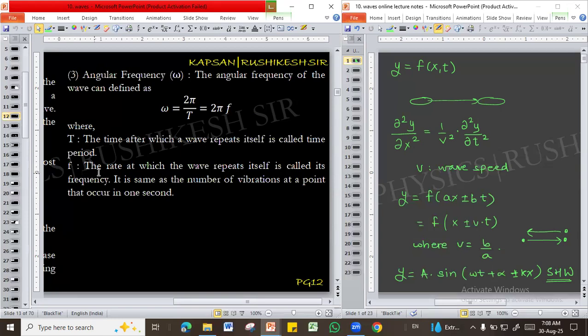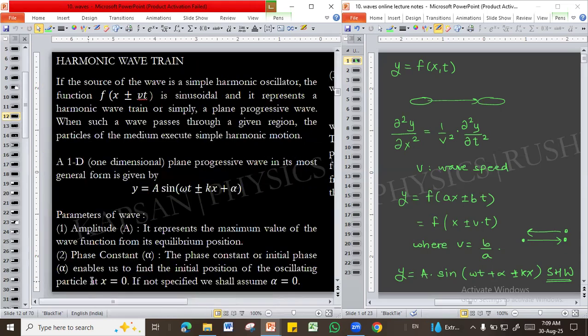Now f, the frequency of the wave, is actually the number of oscillations of any one particle of the medium in 1 second. The number of oscillations per second is equal to the frequency of the wave.